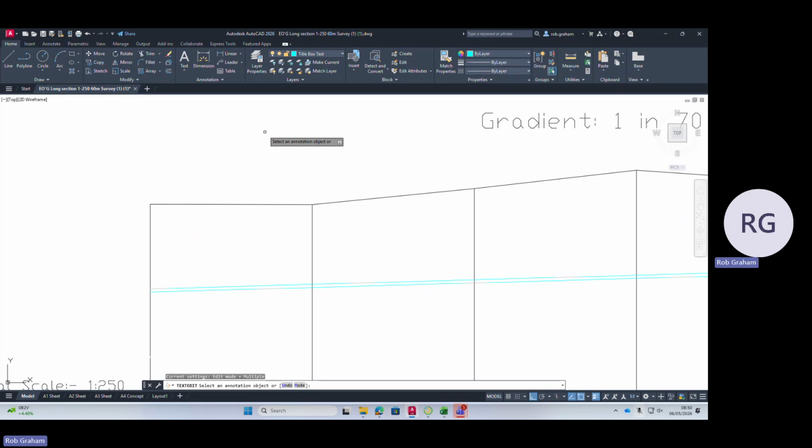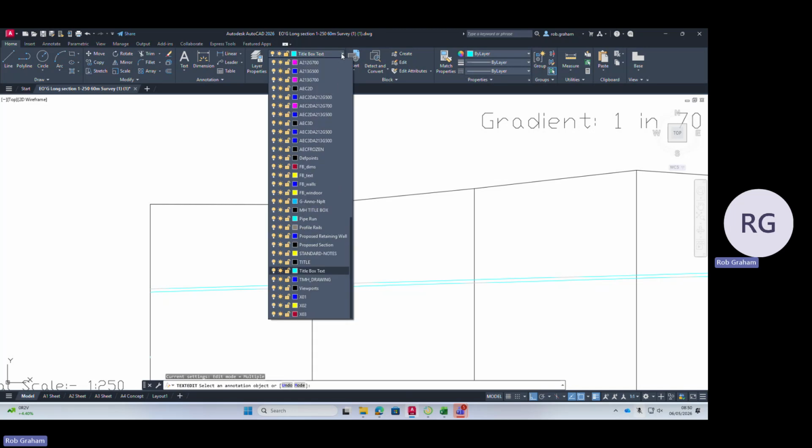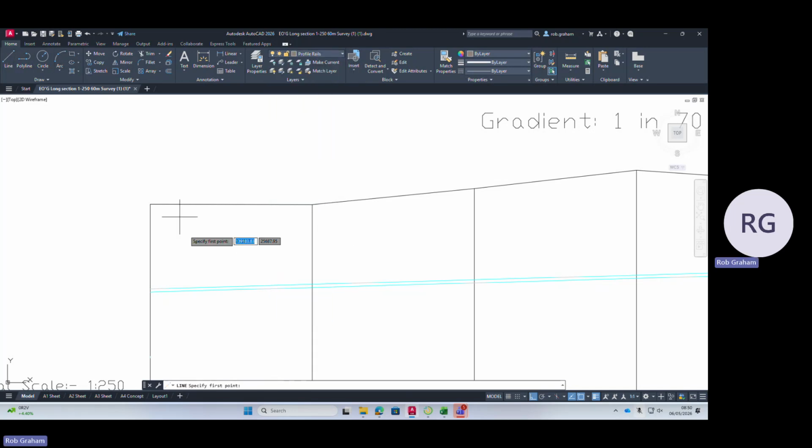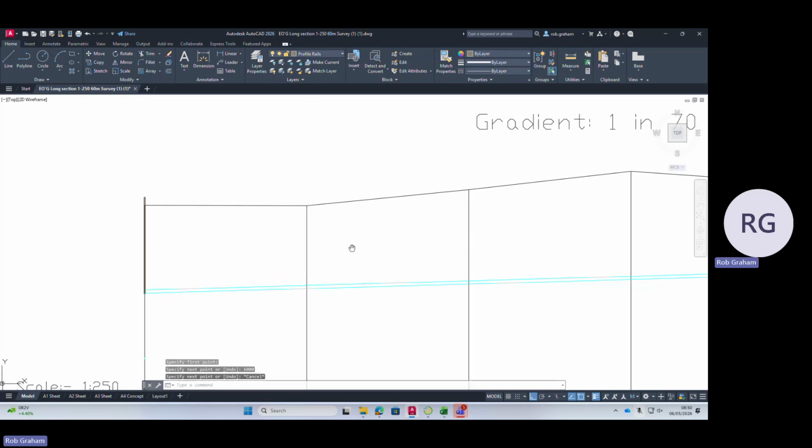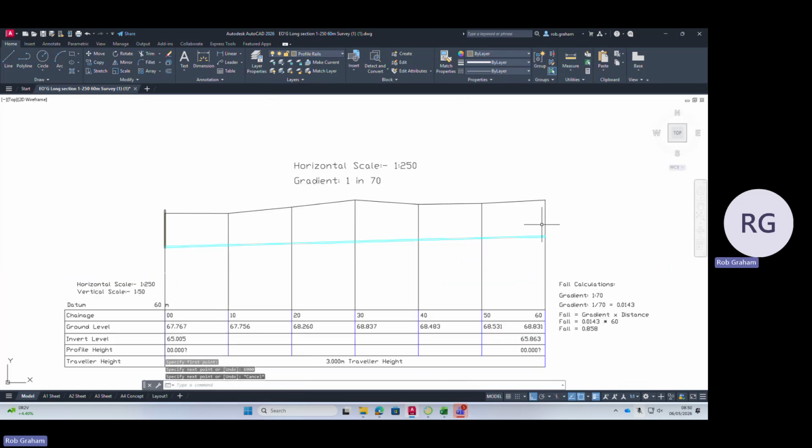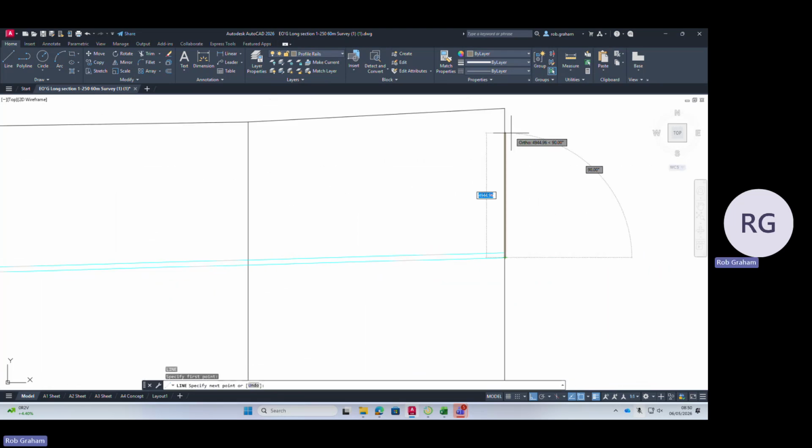So 3 meters times 2 would be 6 meters, but obviously we're drawn in millimeters here. So I'm going to draw up here 6,000 millimeters from here comes to there. We'll do the same at the other end, 6,000.